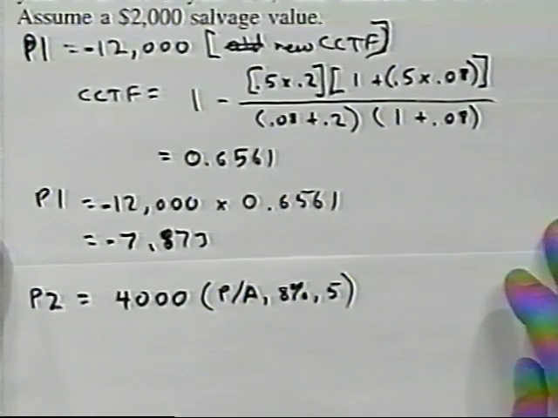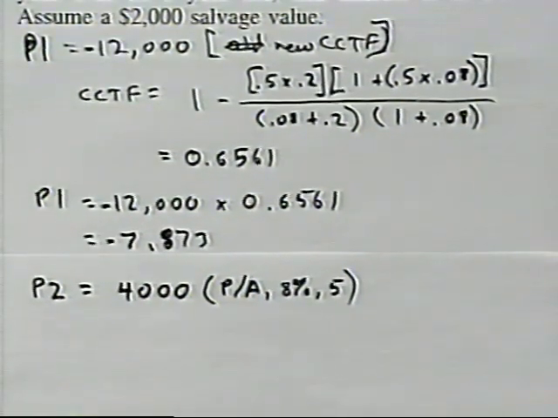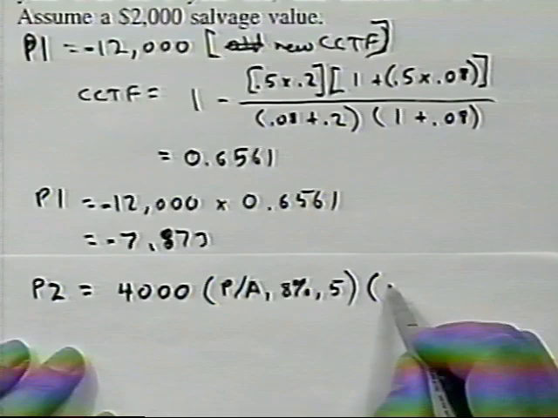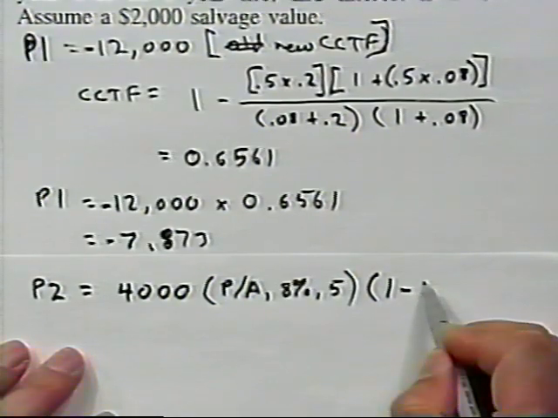However, we have to take the tax effects into account for the savings. Because these savings are going to be income, which will be taxed, we have to recognize a reduction in the actual value of those savings by 1 minus t.